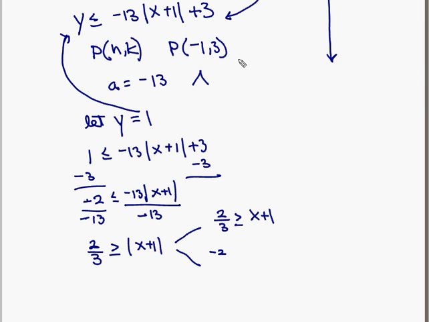So in both cases, if I subtract 1 from both sides of each inequality, I get the following. If I go 2/3 minus 1, I get negative 1/3. So negative 1/3 is greater than or equal to x. Or you could also say that x is less than or equal to negative 1/3.